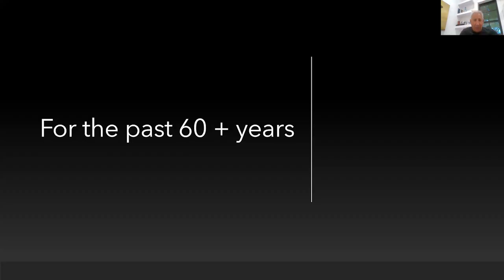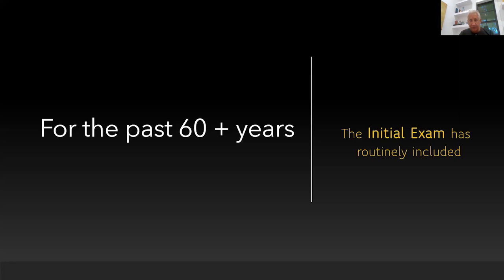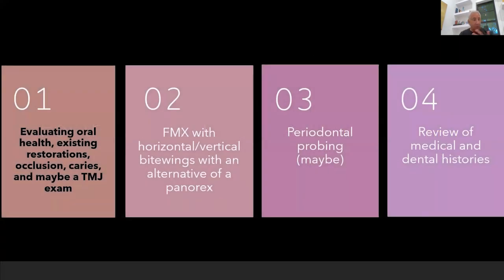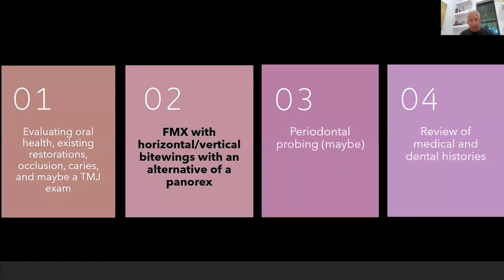So I think my portion to start this wonderful night off, and this could be kind of an epic night. This is a change in your journey out there for everybody listening in. For the past 60 plus years in dentistry, the initial exam has routinely included evaluating one's oral health: the restorations, caries, occlusion, maybe the TMJ.